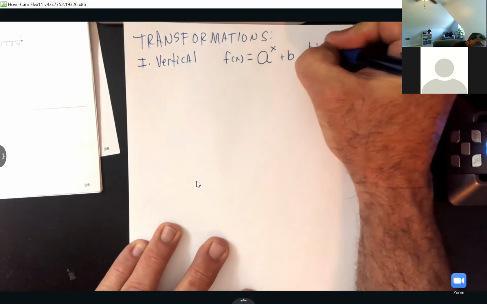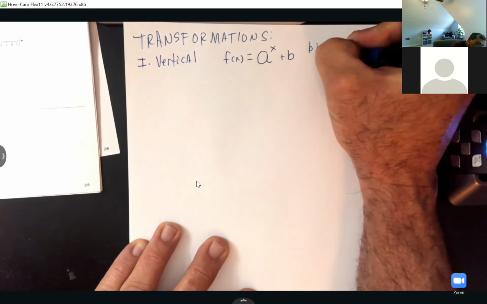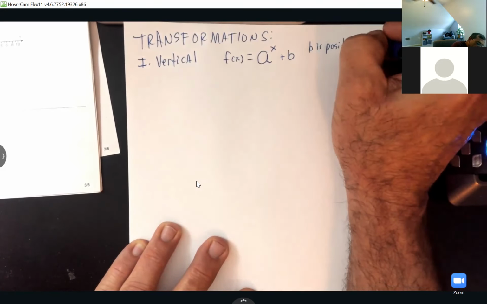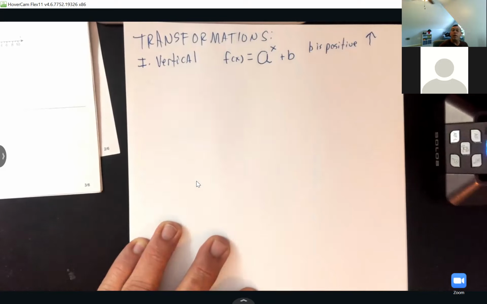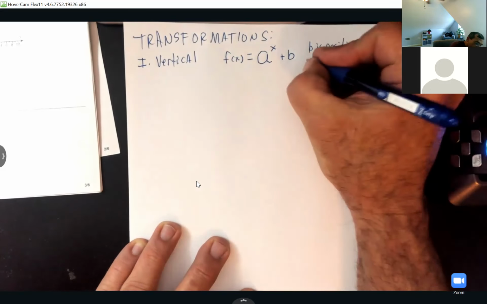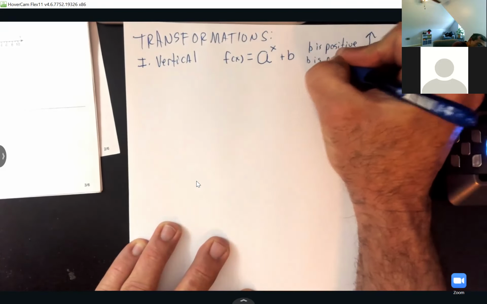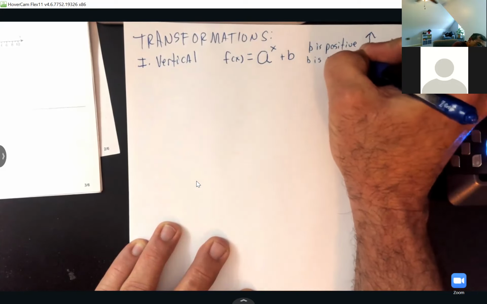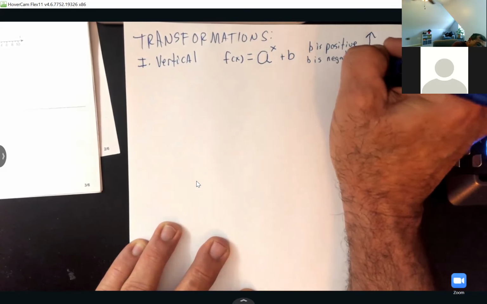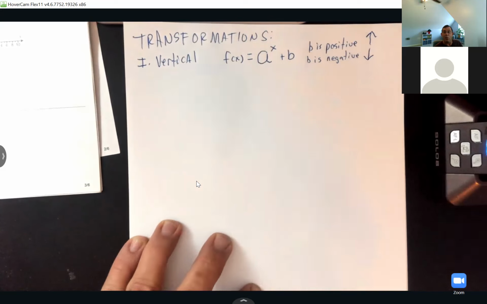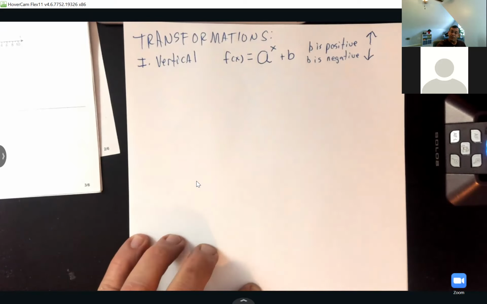If b is positive, the graph is going to move upwards. If the b is negative, the graph will move downward. So if I add a number at the end, it's going to move me up. If I subtract a number at the end, it's going to move me down.